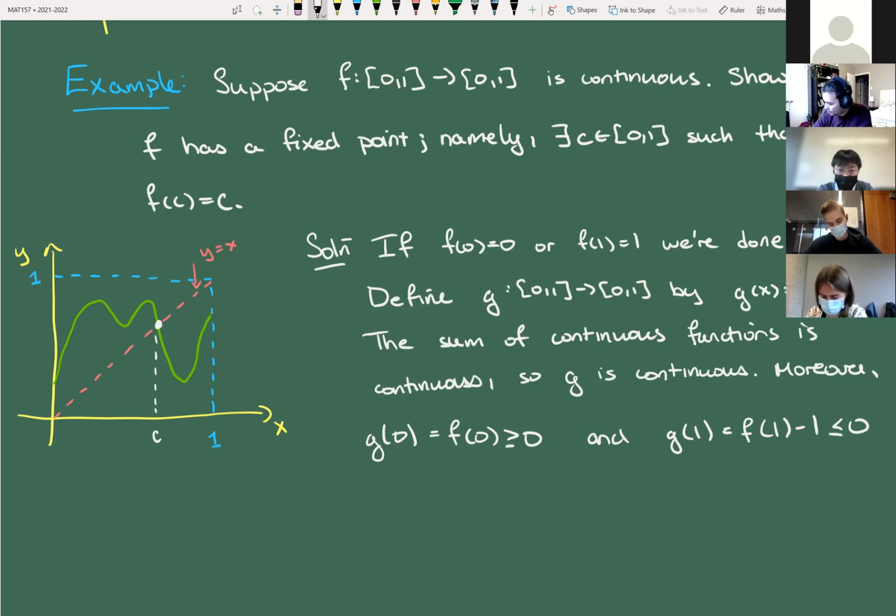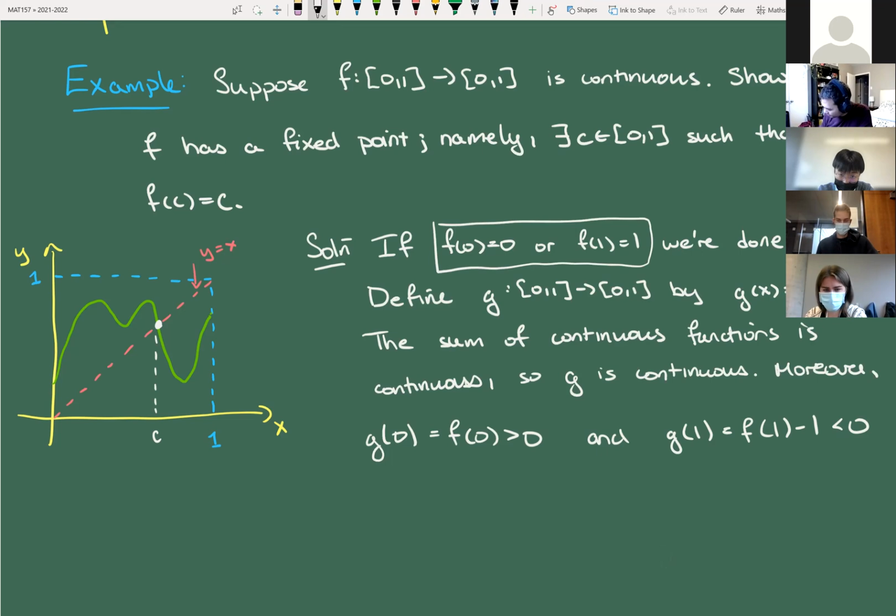Right? And same thing with g of 1. So if, what do I want to say here? So again, no, these have to be strict because we already said f of 0 is not 0 and f of 1 is not 1, right? Because we've already assumed that that case is done.